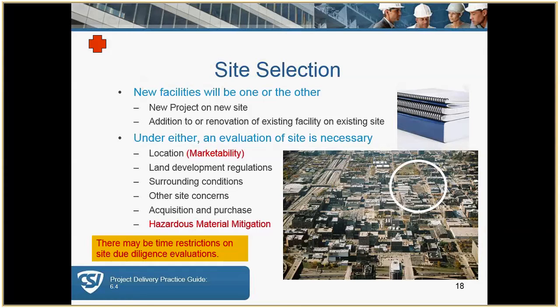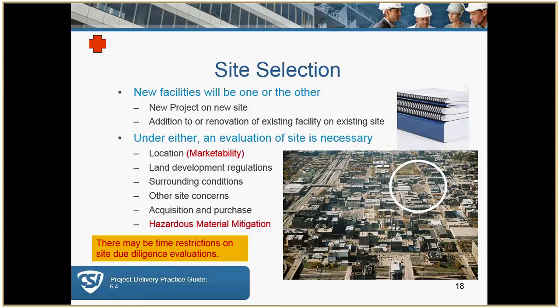Now notice that marketability and hazardous material mitigation are in red, because the cost of mitigating any hazardous material on that site might deter someone from building on it. And these are things that if you are hired for these services, you would advise your client.